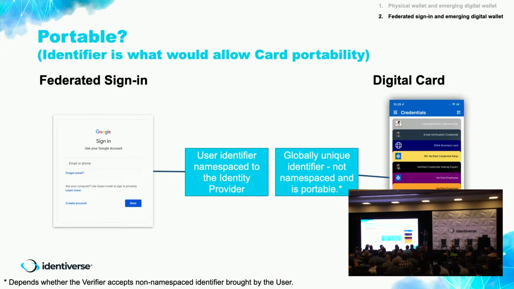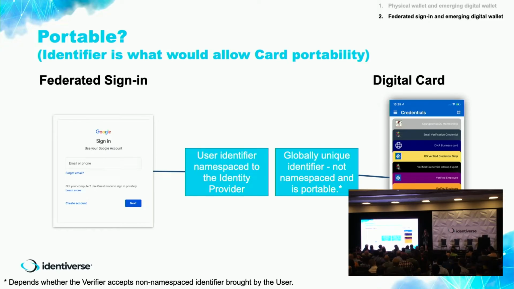Are they portable? If I want to take my driving license data from the Department of Motor Vehicles to another place, there'd be one small issue. My identifier within the Department of Motor Vehicles would be namespaced, tied to the context of that Department of Motor Vehicles, right?